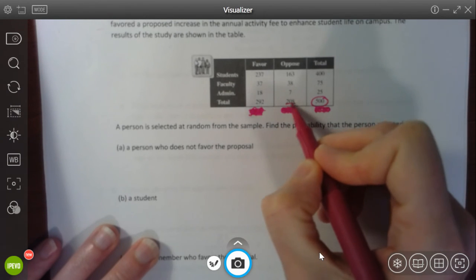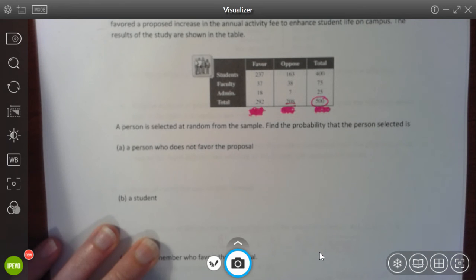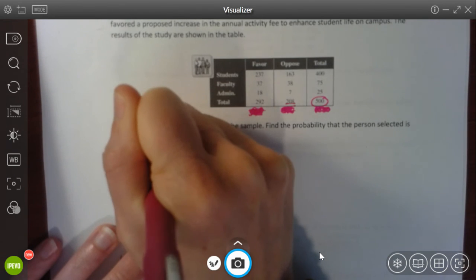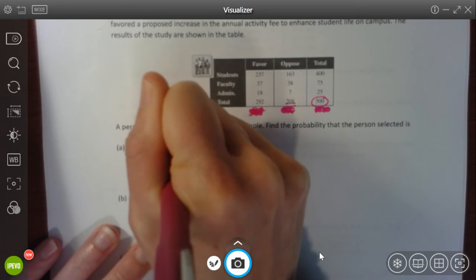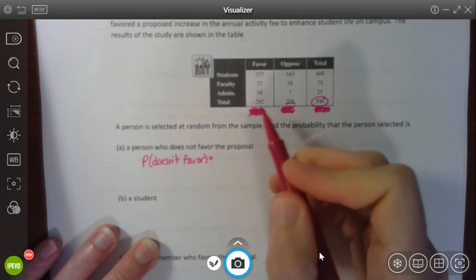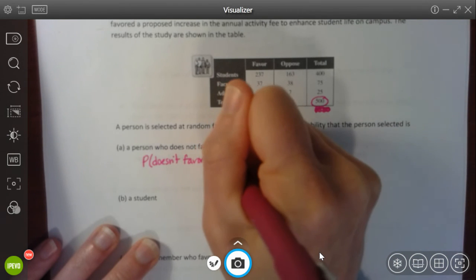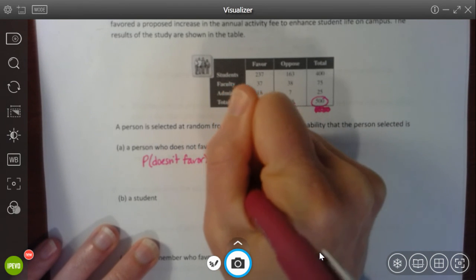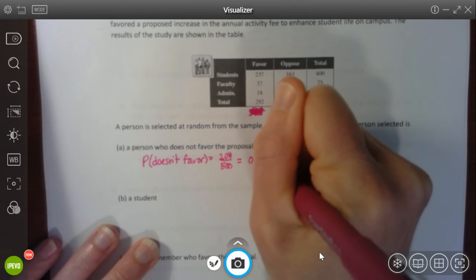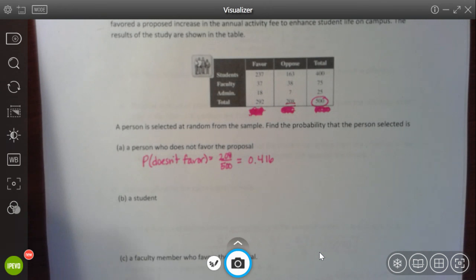So there are 208 people right now out of the 500 people that do not favor the proposal. So the probability that they don't favor would be the 208 out of 500. And you could reduce that fraction or round it to your decimal. I got the decimal to be about 0.416.